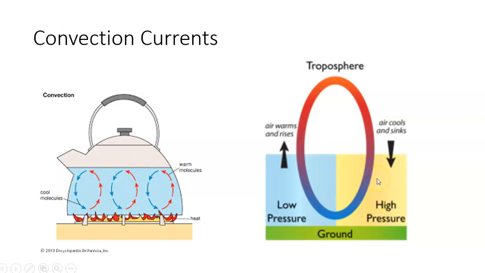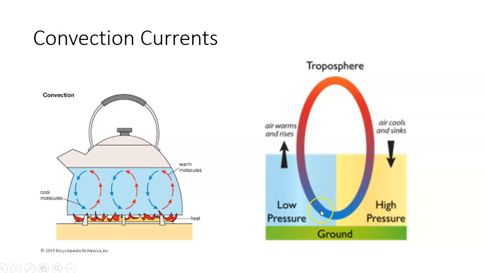In the same manner, in the atmosphere also we have convection currents. Due to the sun's rays, the air becomes warm. In this case, the warm air is on top because the sun is on top. The air becomes hot and it comes down.